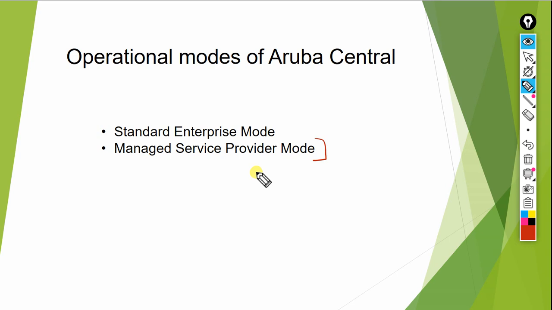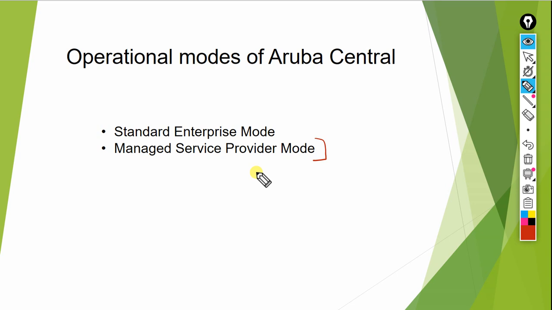The MSP admins can provision tenant accounts, allocate the devices, assign the licenses, and also monitor the tenant accounts. These admins can go to a specific tenant account and do the configuration or admin work inside that specific tenant account.